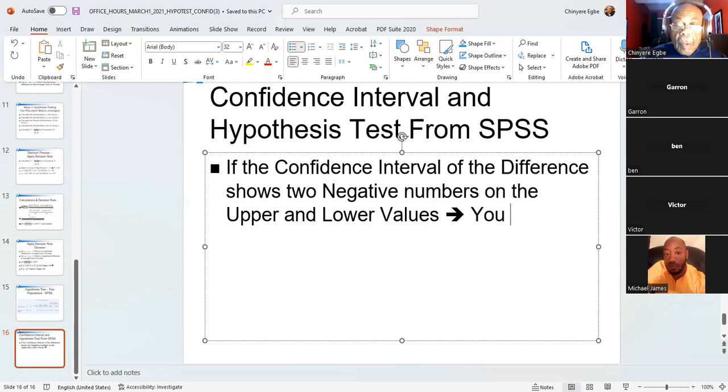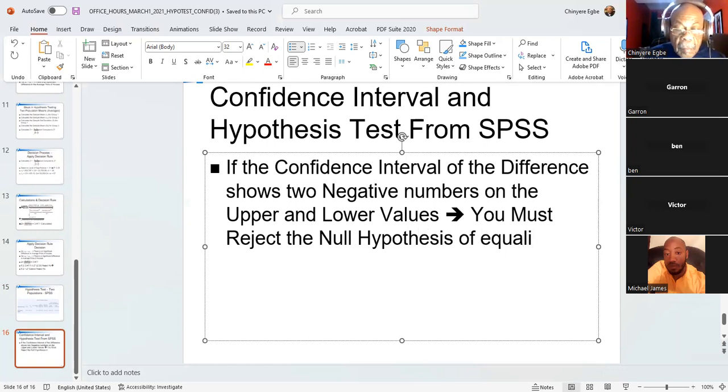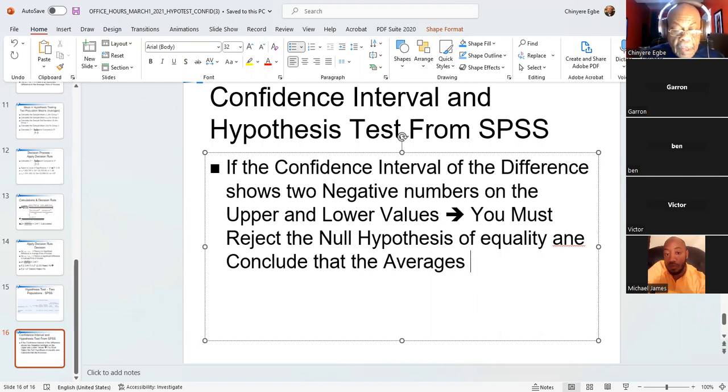That means you must reject the null hypothesis of equality and conclude that the averages are not equal.